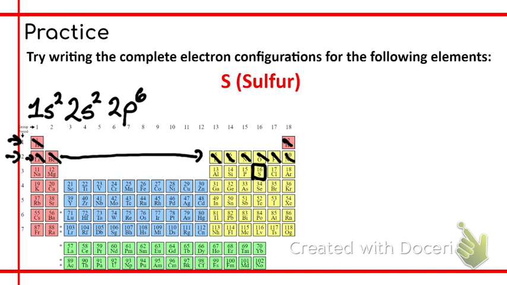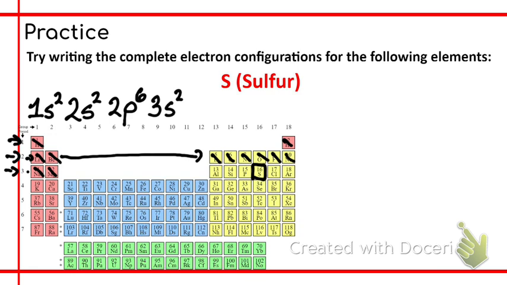We're now at the end of that paragraph. We move on to the next. So moving on, we are now in row 3. We are entering into our S block, and our S block is able to hold 2 electrons. So we get our 3s2.